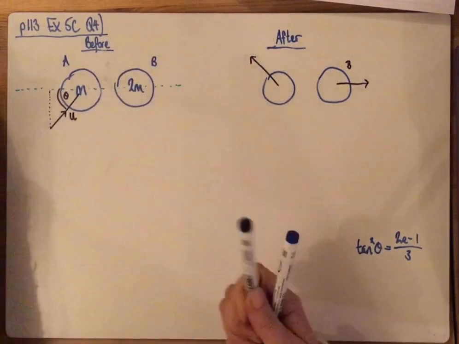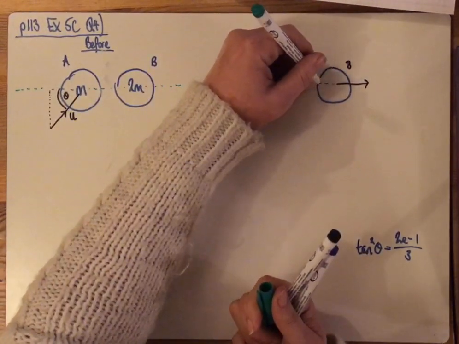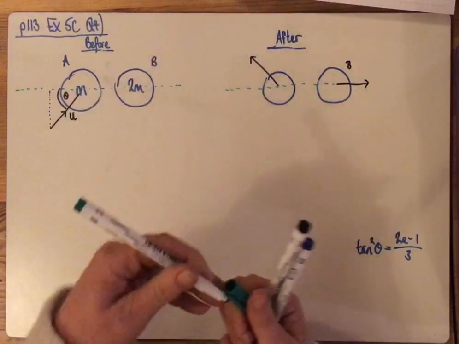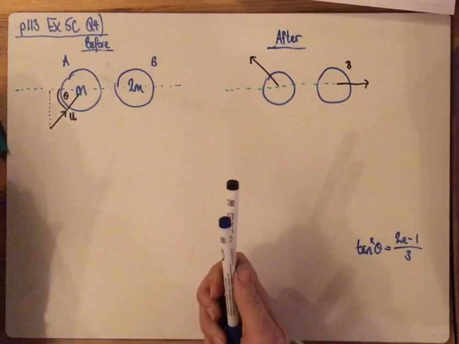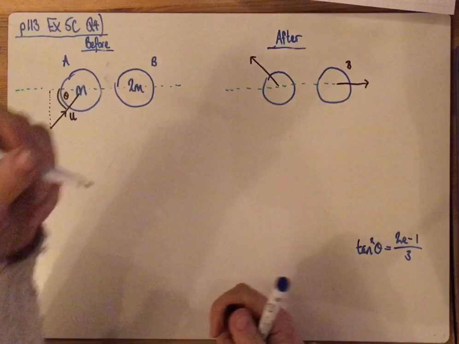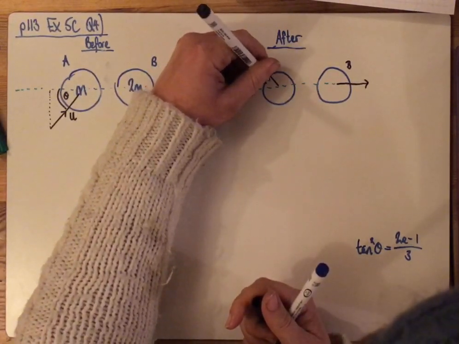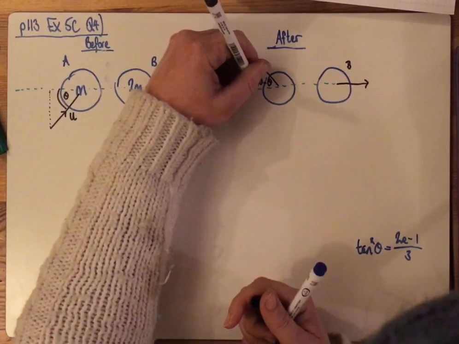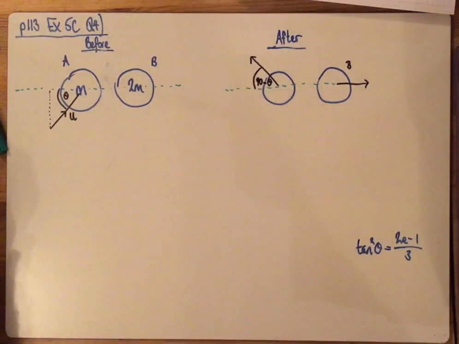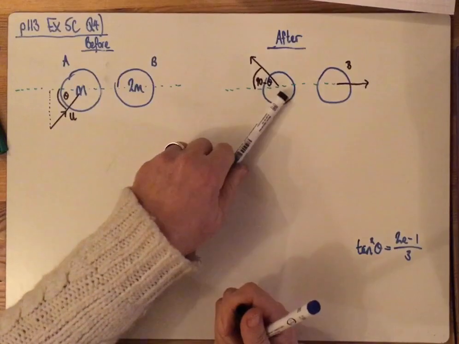The line of centres, probably good just to pop that on, so here. And so this angle in here will be 90 minus theta. It was coming in at theta, and deflected through 90 degrees.